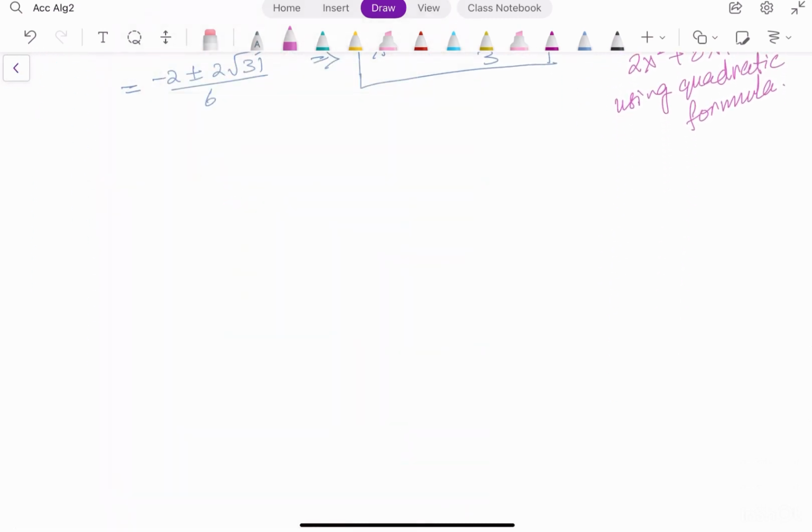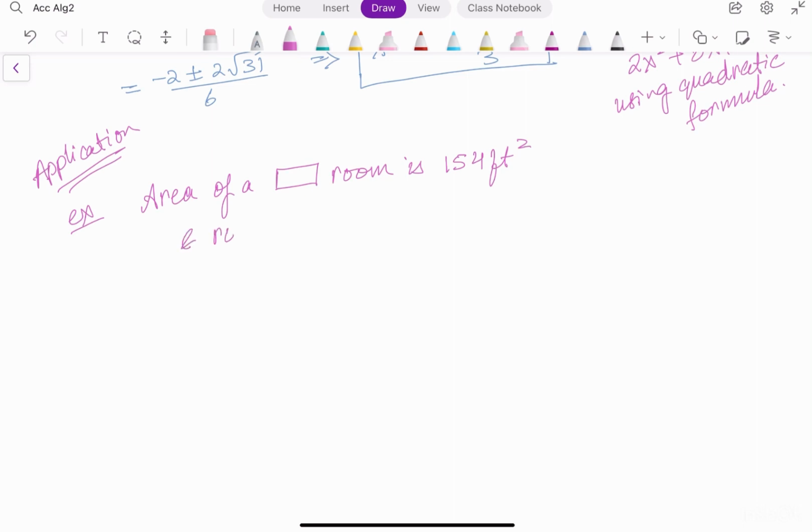Now let's understand an application of this quadratic. Now let's say area of a rectangular room is 154 feet squared, and the dimension of the room is such that it is 3 feet longer than its width.